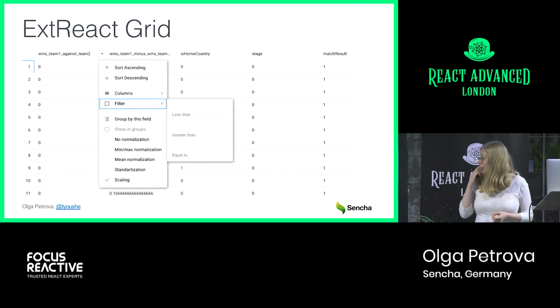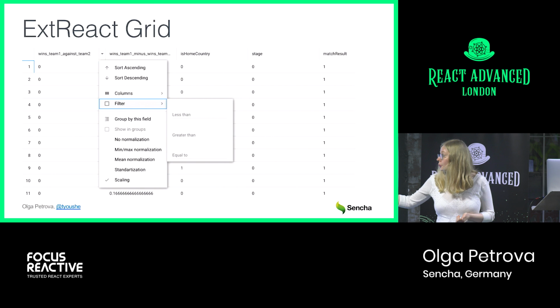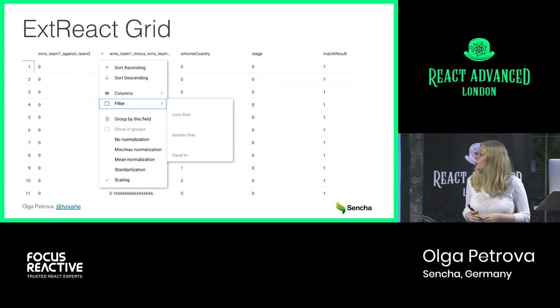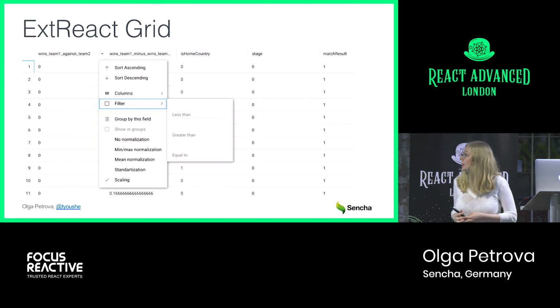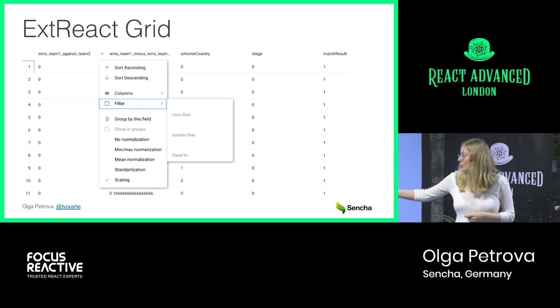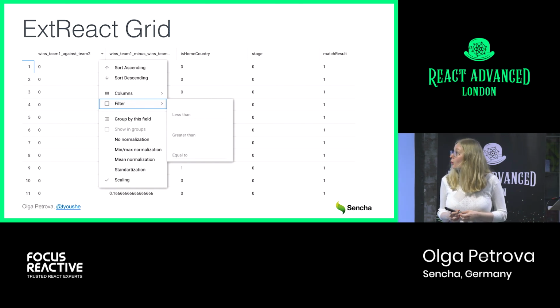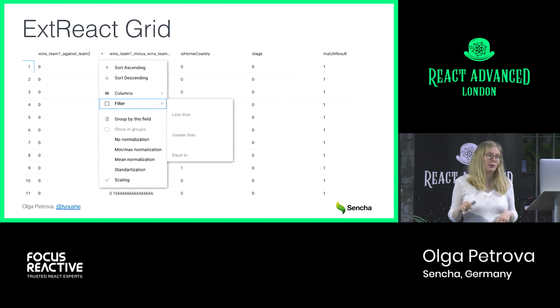It's quite a nice grid. It allows you to filter data. There are pre-built sorting and grouping capabilities. I could also extend the menu for a column and add these normalization items. And I could hide and show some columns.